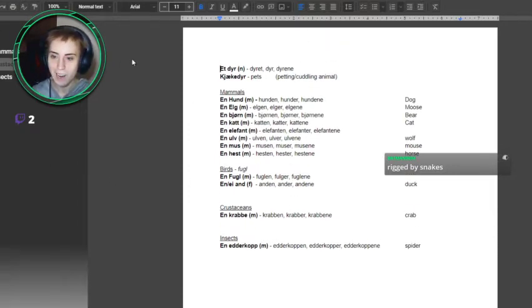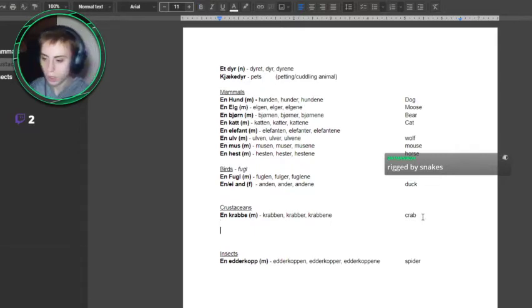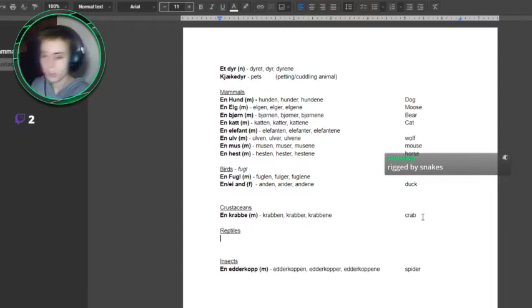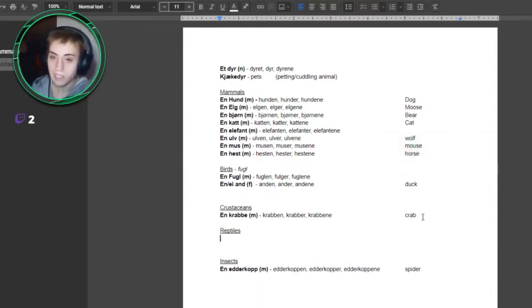This one I have mammals, birds, crustaceans, insects. I should add reptiles. There's probably not a ton of reptiles in Norway because in northern climates, reptiles can't regulate their body temperature, so biodiversity goes down. En slange.